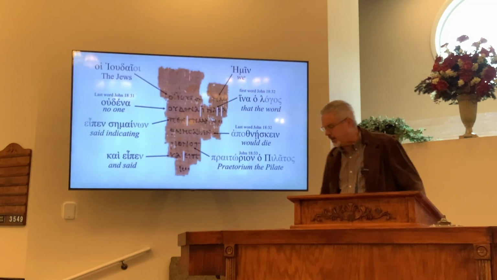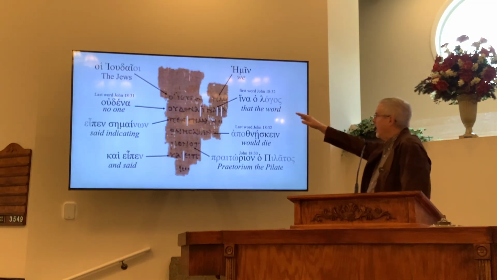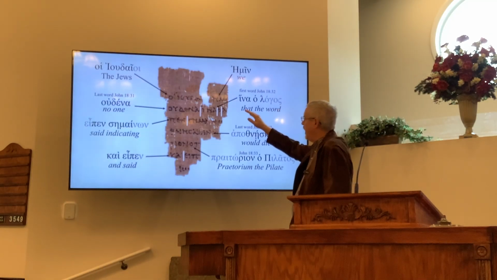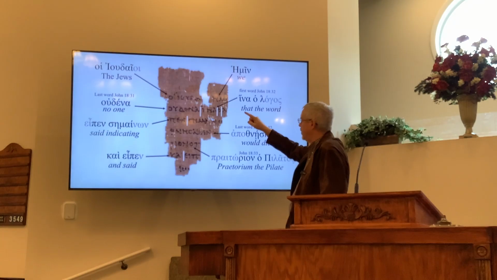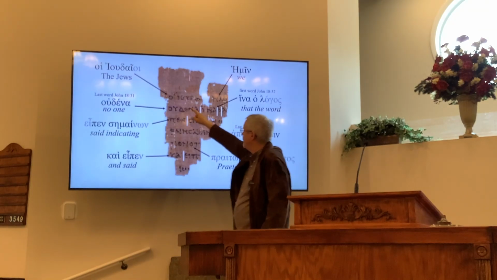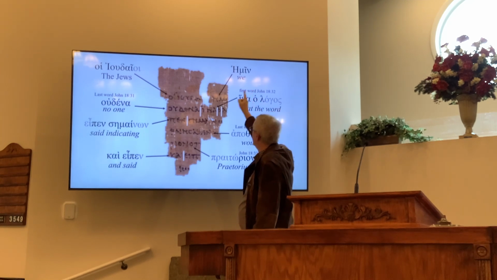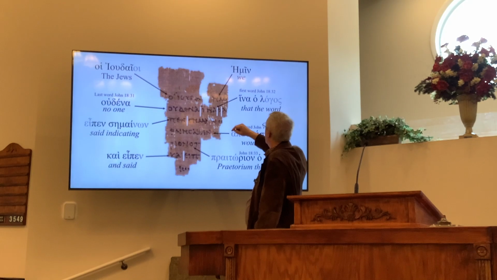Now, we just look at this. Here, I've done this, oi iodioi, that is the Jews, that's plural. The Jews, that's what we see right there. There we have Hain, or Hein, which is we. No, I'm sorry.